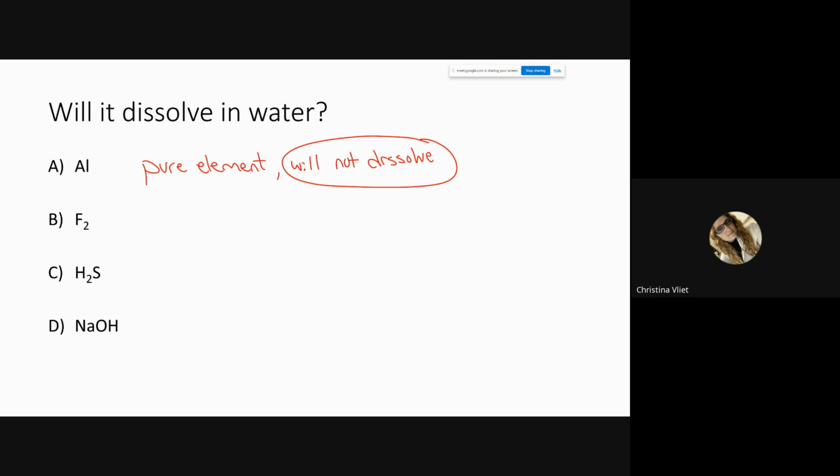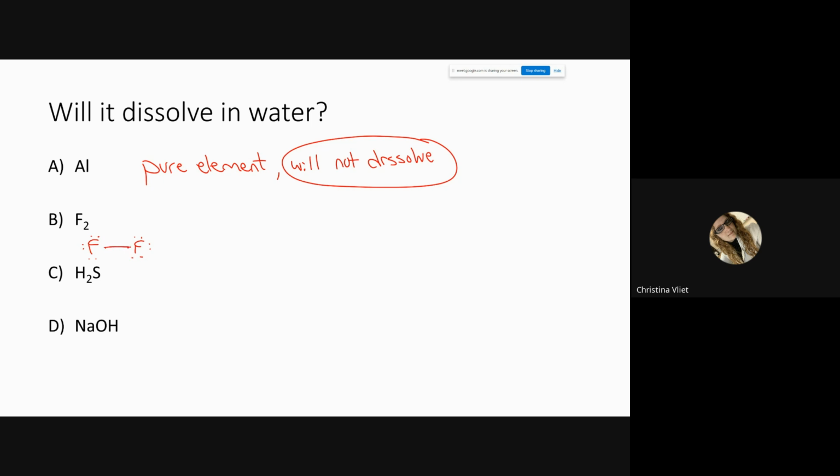F2. Will it dissolve? No. You could say it is an element, right? It's a diatomic element, but it is an element. It's also non-polar. If we were to draw it out, you would see that it's symmetrical. Polar or non-polar?